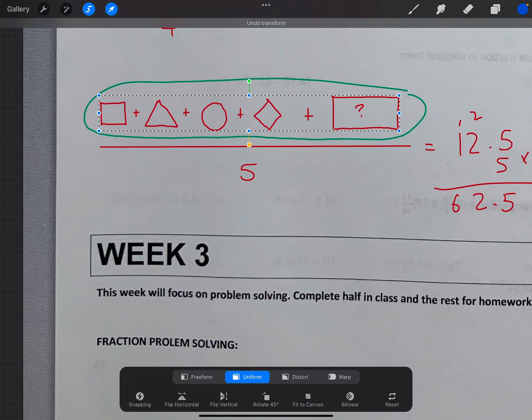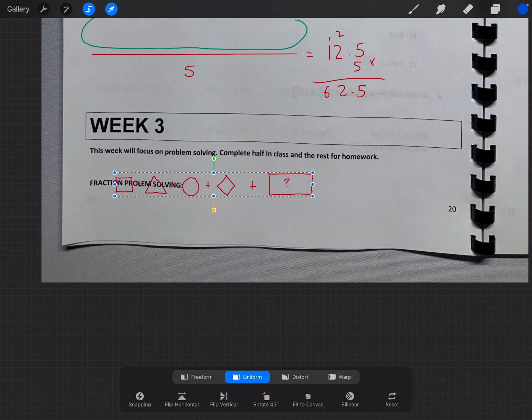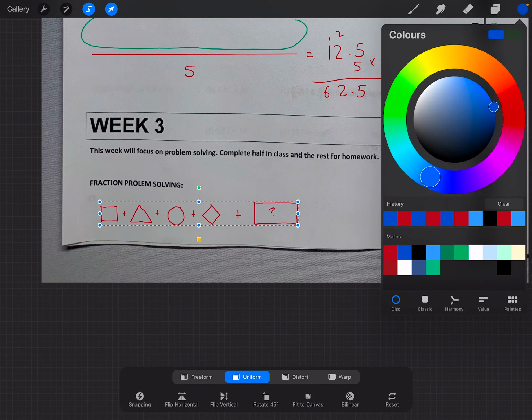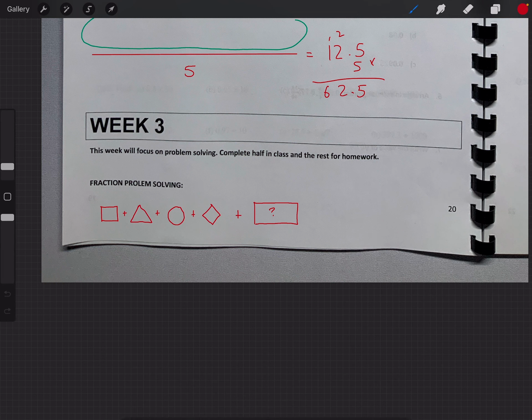What we figured out is that these 5 numbers have a total of 62.5.